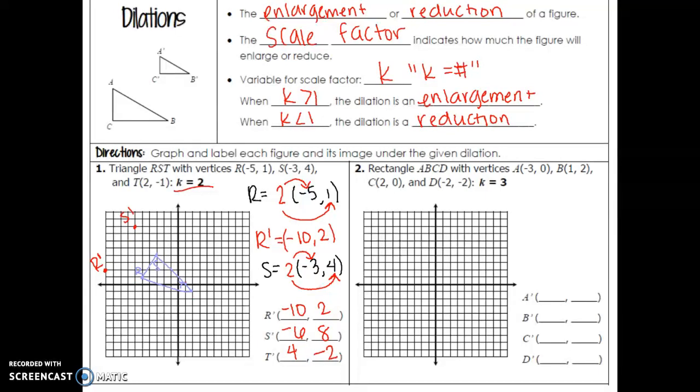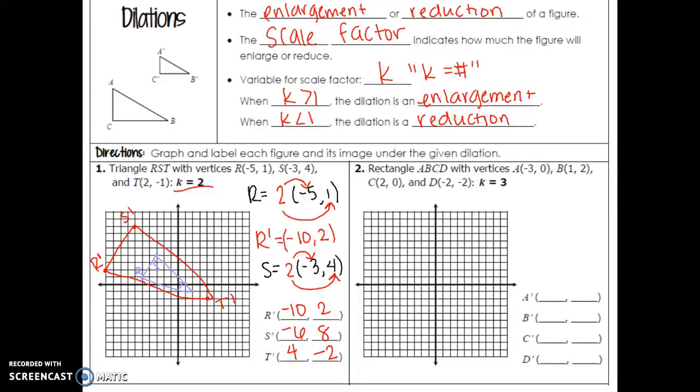That's S prime, and then T is going to be 4: 1, 2, 3, 4, down -2. That's T prime. So as you can tell, this has gotten a lot bigger. You guys draw it better on your paper, but our prediction was right. This should be bigger. It didn't move, it didn't slide anywhere, it didn't flip, it didn't do anything crazy like that. So we know we've done the correct one.